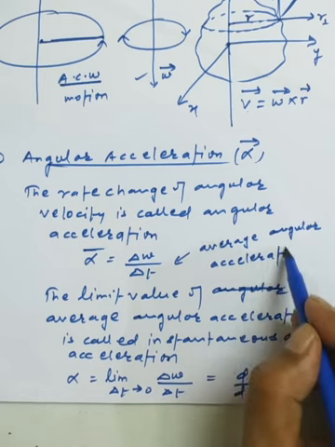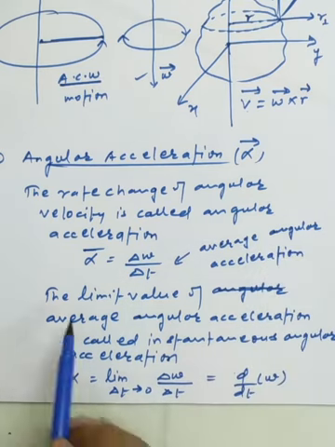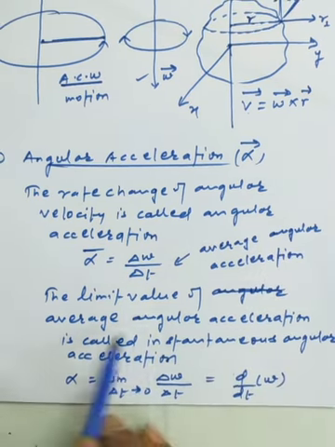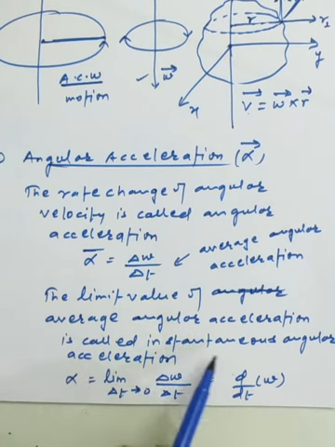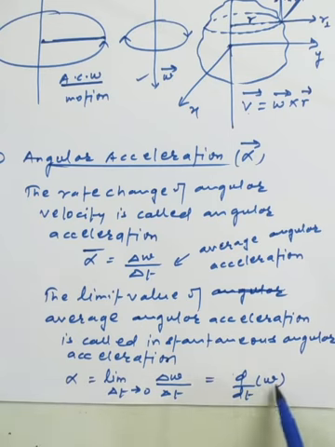This is the average angular acceleration we have. So we can assume the limit value of the average angular acceleration is called the instantaneous angular acceleration, and obviously it is an analog form of the linear acceleration. So alpha can be stated as limit delta t tends to 0 of delta omega upon delta t, and we can state that as d by dt of omega.